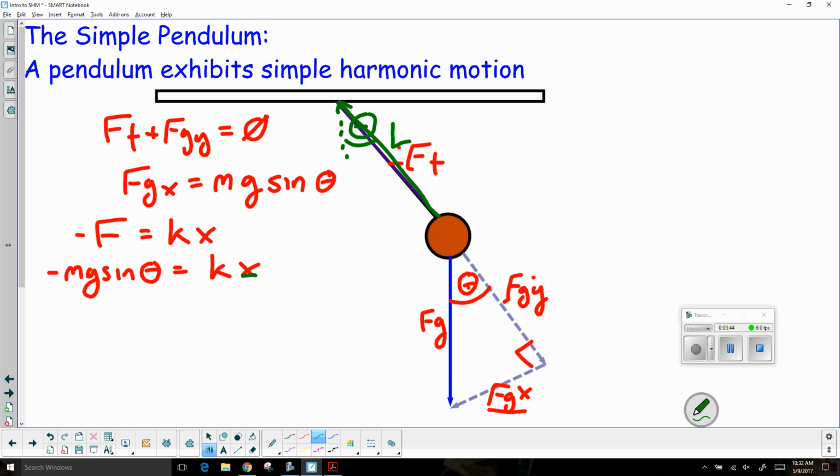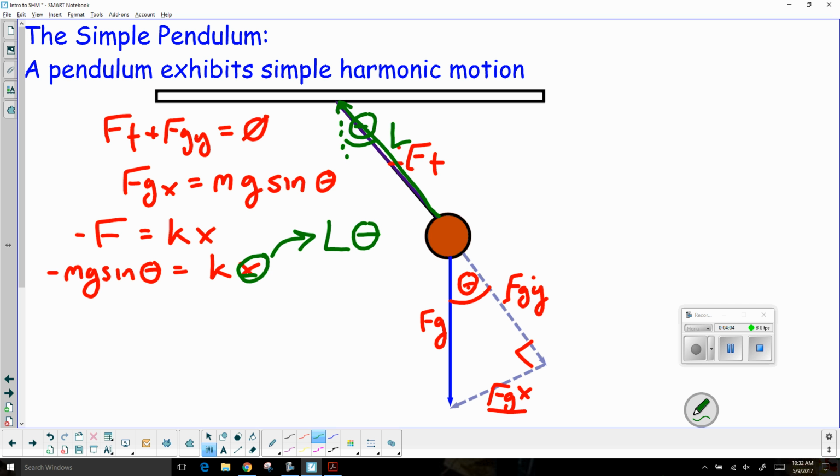And so when we describe the length of the pendulum, this can also be the length times the amount of degrees the pendulum is offset from its equilibrium point.